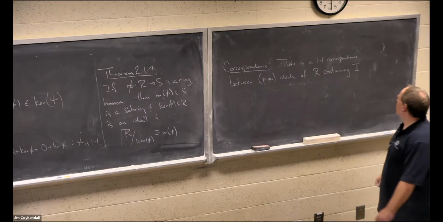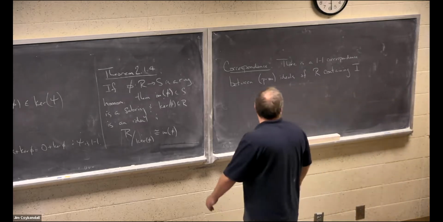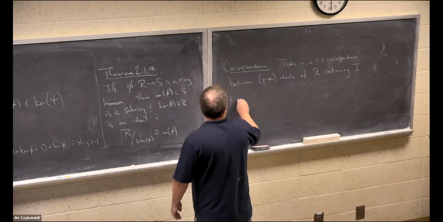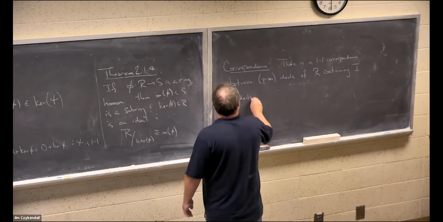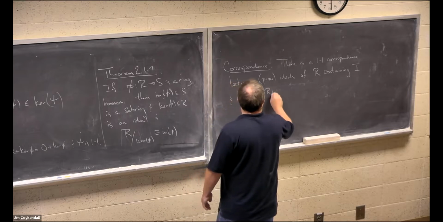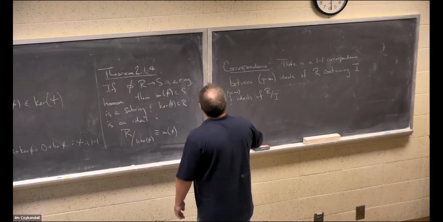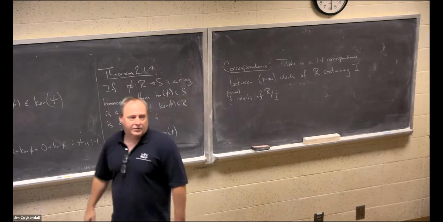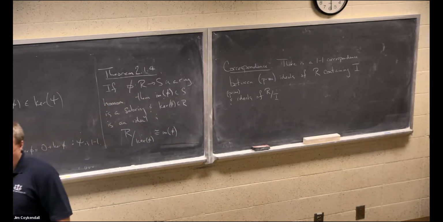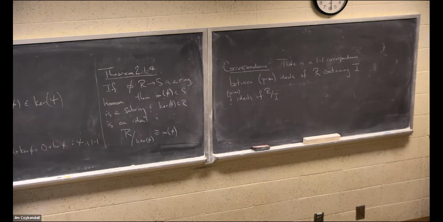There's a one-to-one correspondence between ideals of R containing I and ideals of R mod I. So you can add the adjective prime or not. So not only to the ideal pair, also some primes as well.